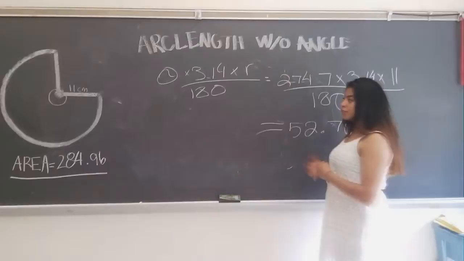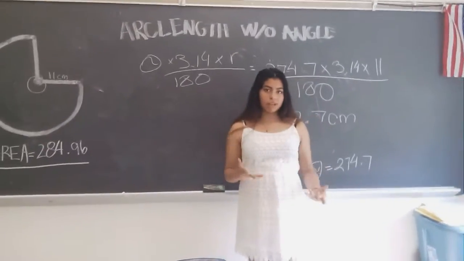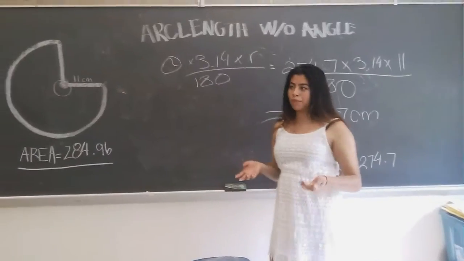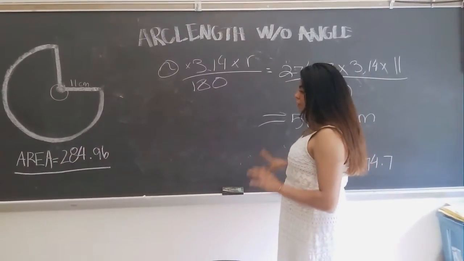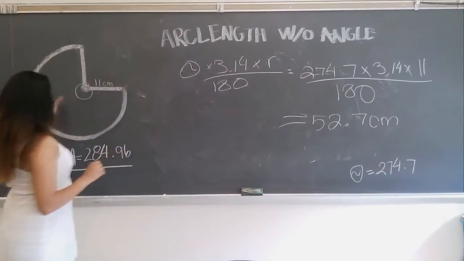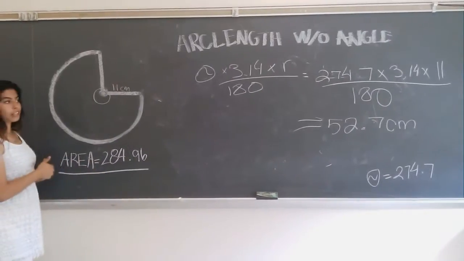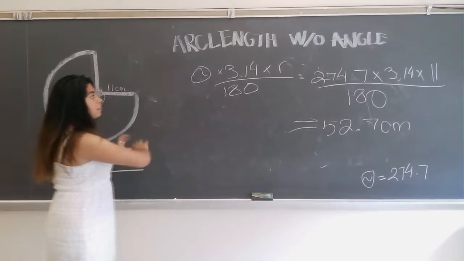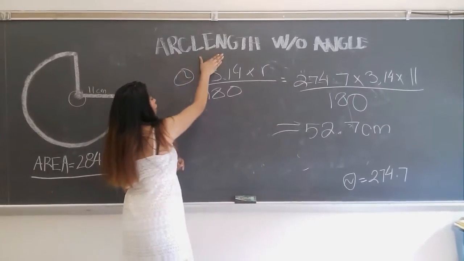centimeters. Now you guys, you have to understand that, the first time I did it, I didn't really comprehend that you have to first use the area of the sector. That's the first thing, because the area of the sector is the whole circle, and you already have the answer to that. So from there, then you move on all the way to this formula, which is the arc length.